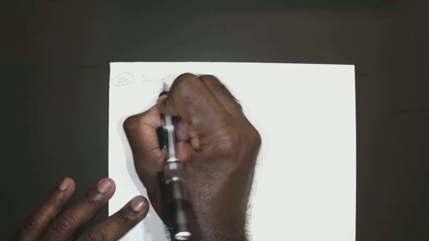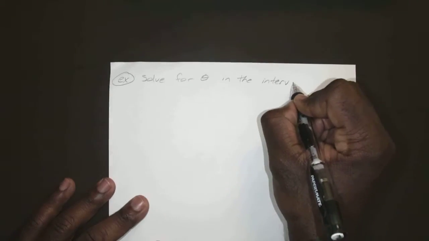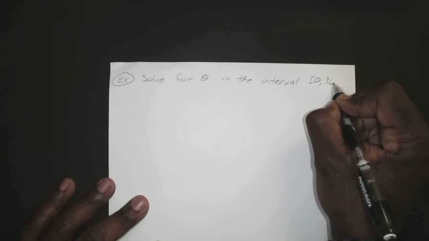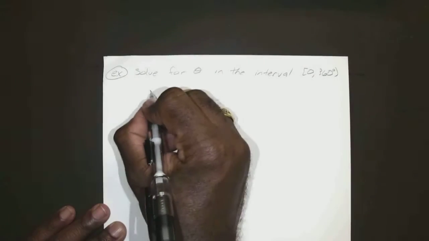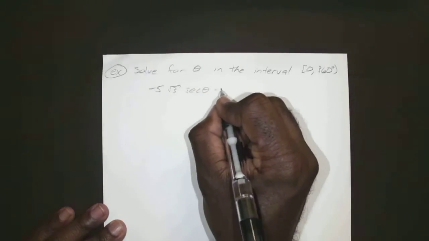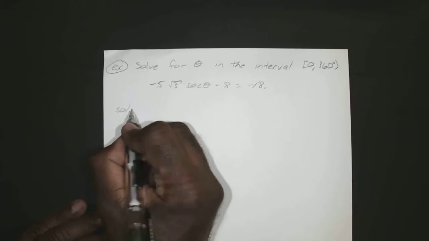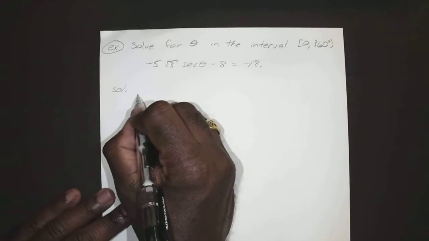All right, so what if we had, for example, we want to solve for theta in the interval from 0 to 360 degrees, which is the same as 0 to 2 pi, but just in degree form, for negative 5 square root of 3 secant theta minus 8 equals negative 18. Again, we just solve for secant theta.